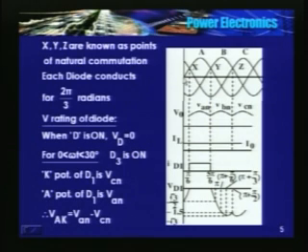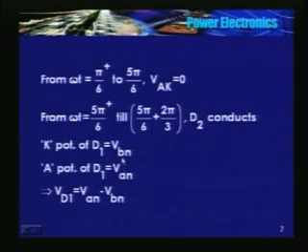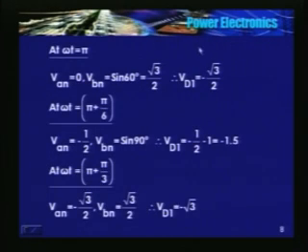I will repeat, 0, 30, 60, 90, 120, 150, 180. So instantaneous value of phase B is proportional to sine 60, that is root 3 by 2. VAN is 0, so voltage across the diode D1, VAN minus VBN, is minus root 3 by 2.